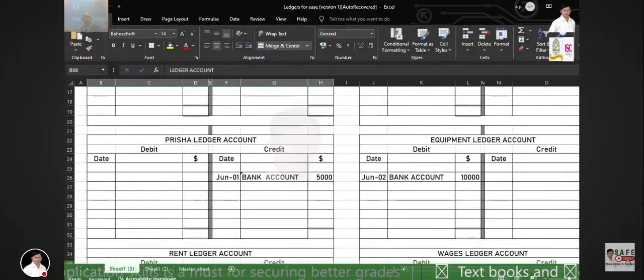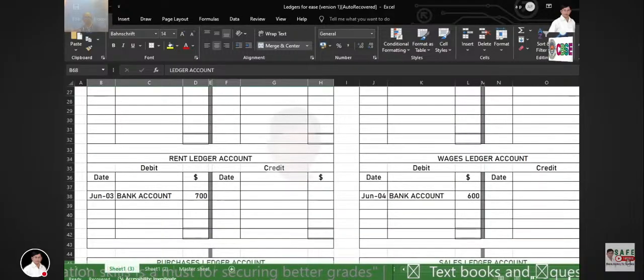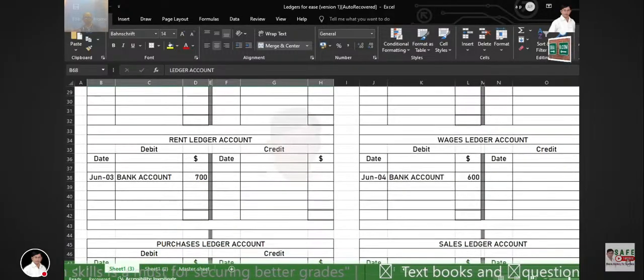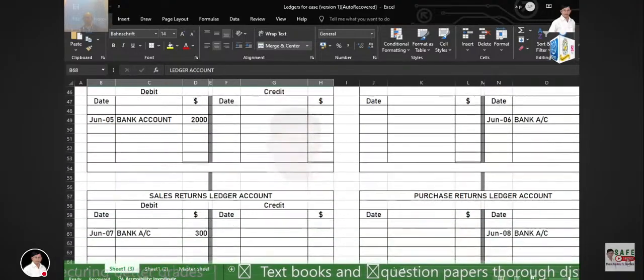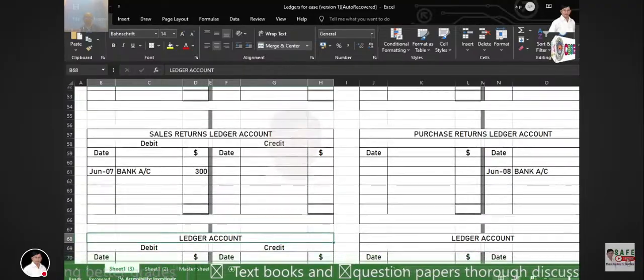You write it down here. When you pay again, it will increase. So this will become 1,65,000 plus 15,000, which is 1,80,000. So balance carried down, balance brought down will become 1,80,000.